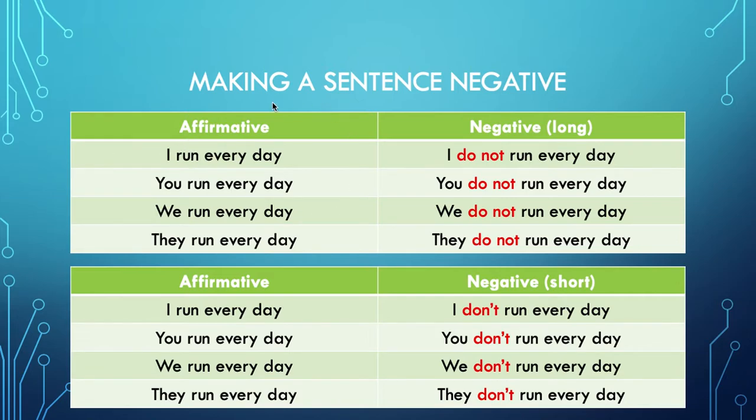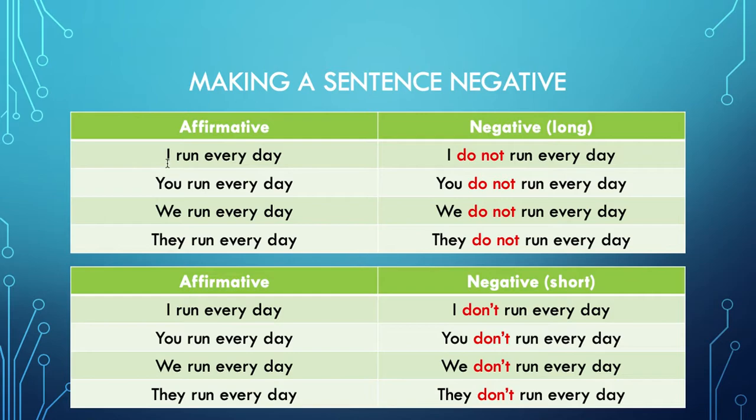So on this page, this is just to show you sentences using I, you, we, and they. Here we have the negative long form, and then again using I, you, we, they, and then the negative short form.